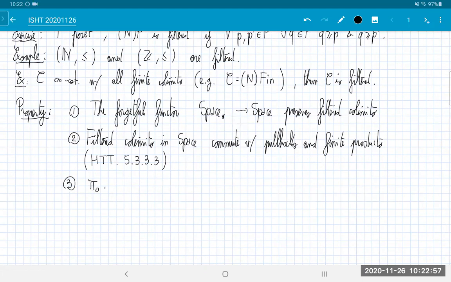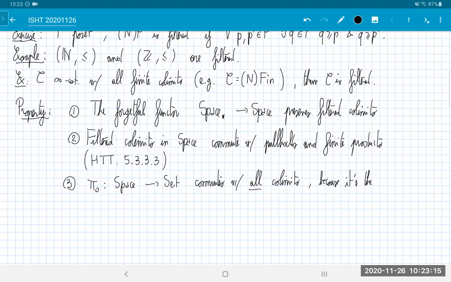So we have pi naught from spaces to sets commutes with all colimits because it's the left adjoint to the inclusion of sets into spaces, and that's very easy to verify.